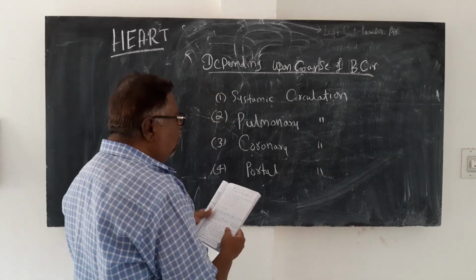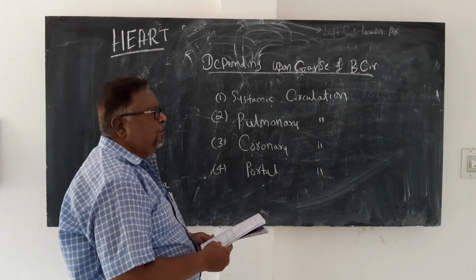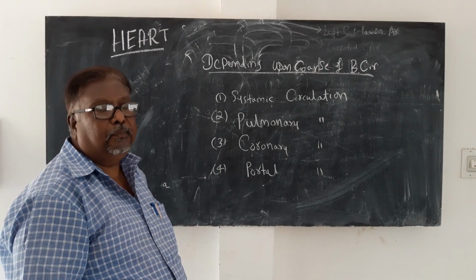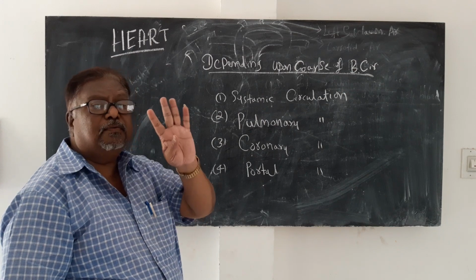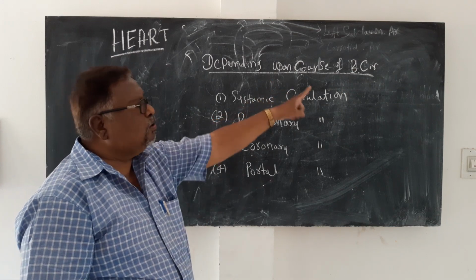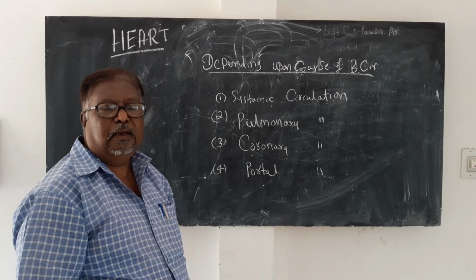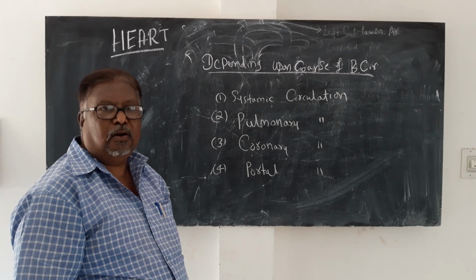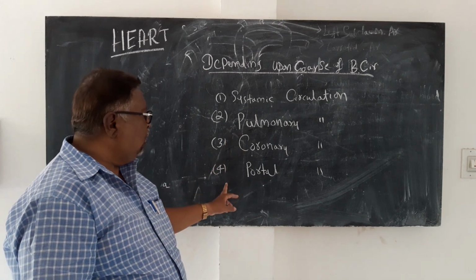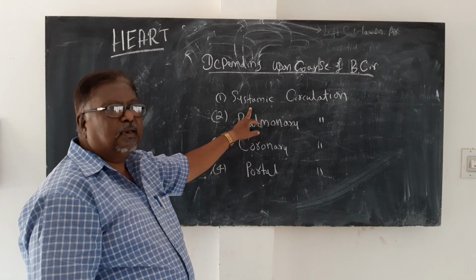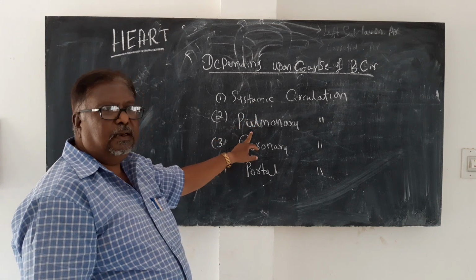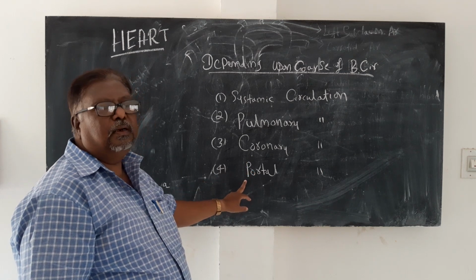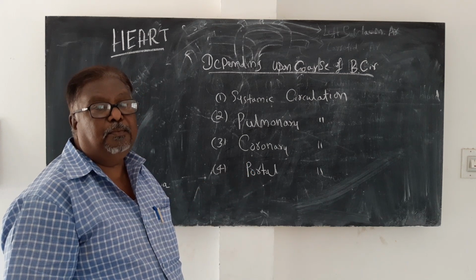So there are 4 types of circulation of blood we can see in the human body, depending upon the course of blood circulation in the veins and the arteries: systemic circulation, pulmonary circulation, coronary circulation, and portal circulation. These are very important types.